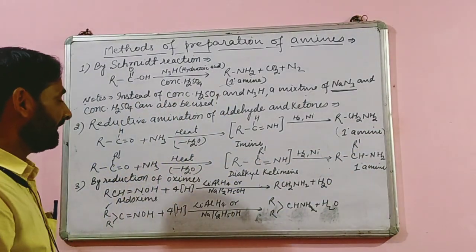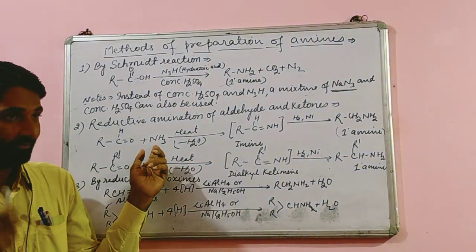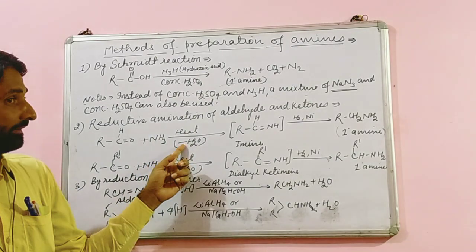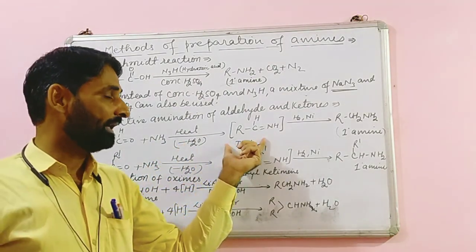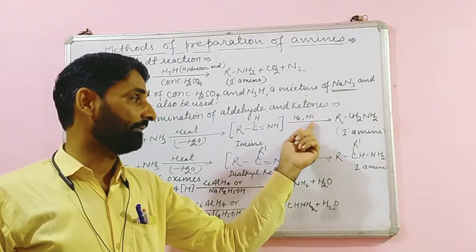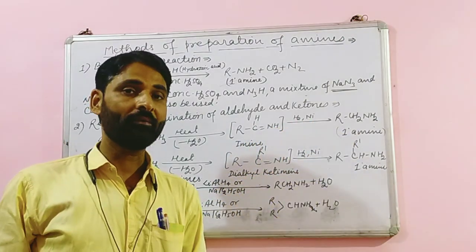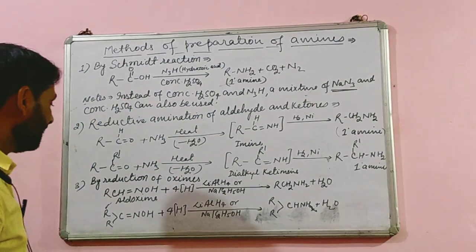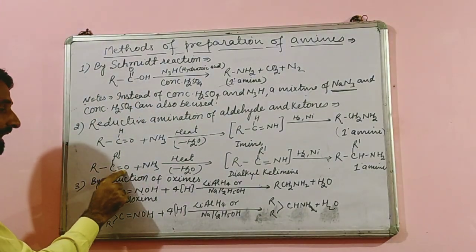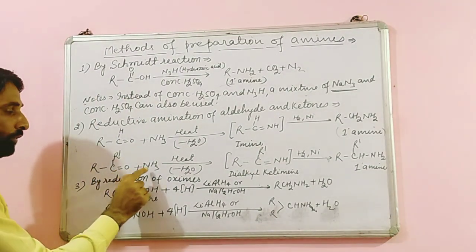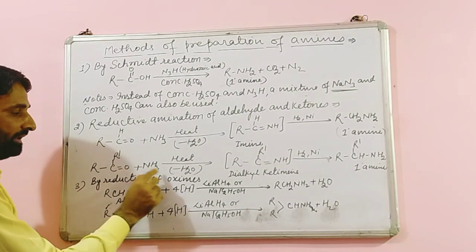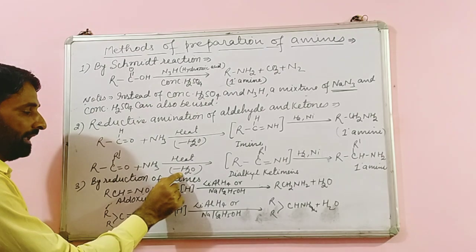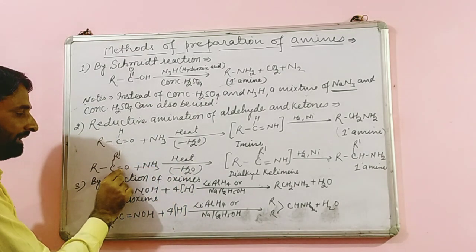So if an aldehyde reacts with ammonia, then in the first step a water molecule is liberated and forms the imine, and if the imine reacts with hydrogen in the presence of nickel, then it produces the 1 degree amine. Similarly, if we take a ketone and react it with ammonia, the same process: two hydrogens react with oxygen to form a water molecule, and here NH is left in place of oxygen.